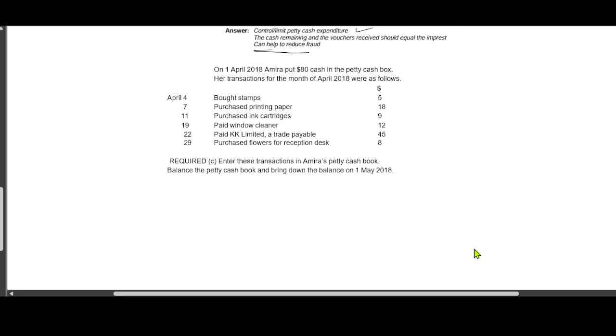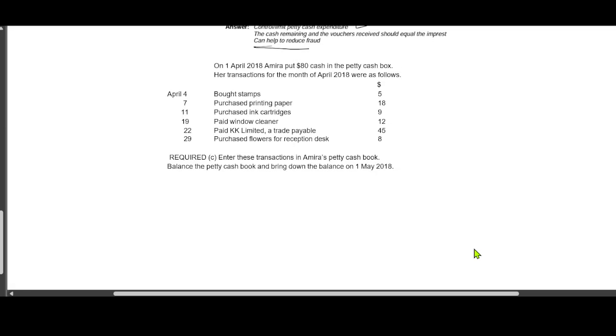After this they'll give you a question and ask you to make a petty cash book out of it. I guess we did many questions, so from this it's quite simple for you to make a petty cash book. If it is not, I'm quickly explaining it.